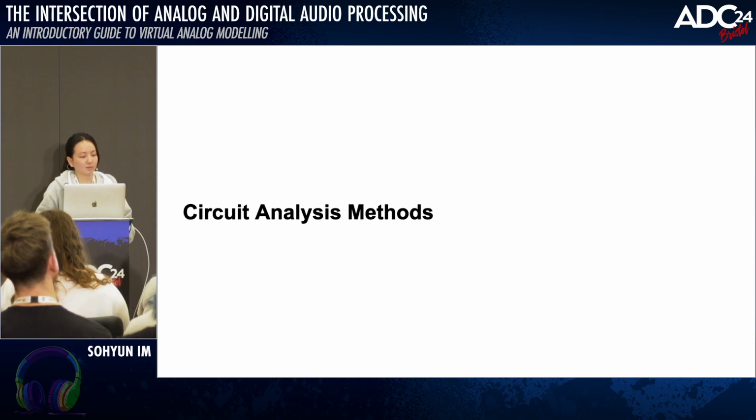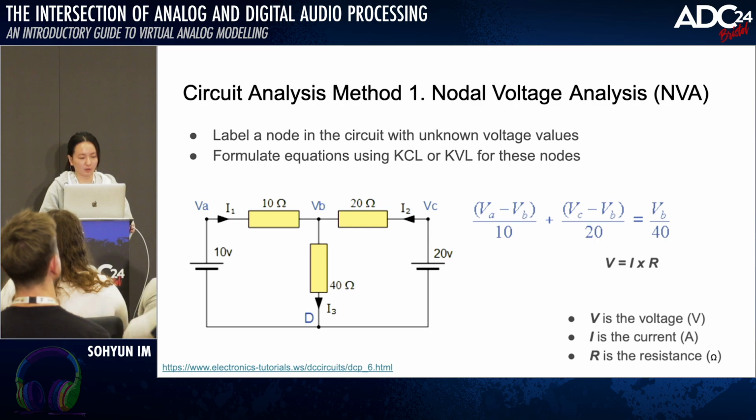Okay, so there are some circuit analysis methods. They're very important because when you do VA modeling with a circuit analysis method, I think the most important thing is understanding the circuit. So here are several things I want to share.